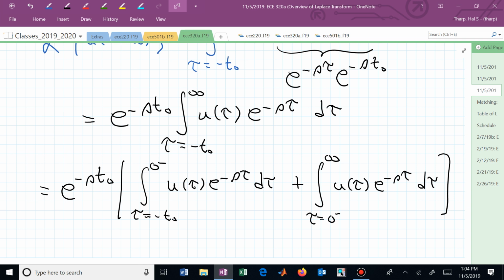How worried do we need to get? We're now integrating the unit step times this complex exponential from minus t naught up to 0. What do we know about the unit step for negative arguments? It's 0. Now I'm integrating 0. That's going to go away. And this one is what we expect. That's the 1.